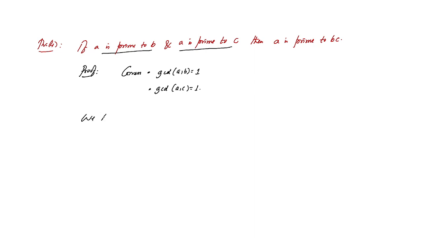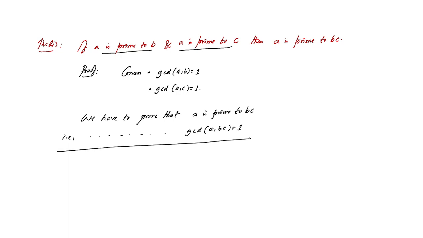What we have to prove is that A is prime to BC, that is, GCD of A, BC equals 1. If we prove it, our proof will be done.